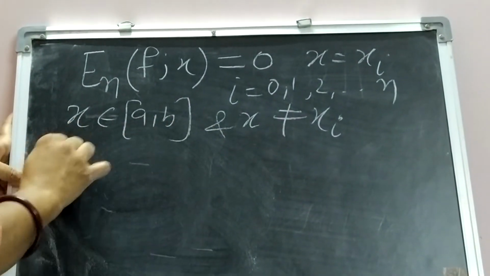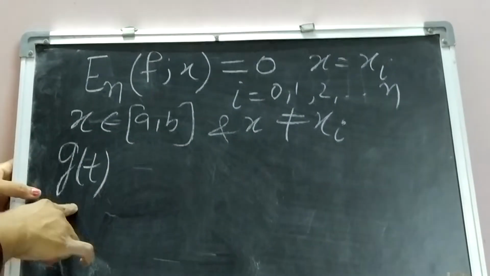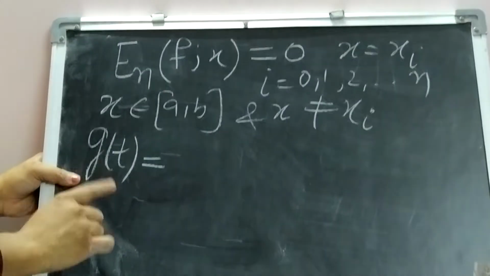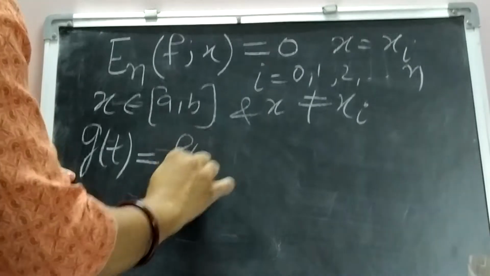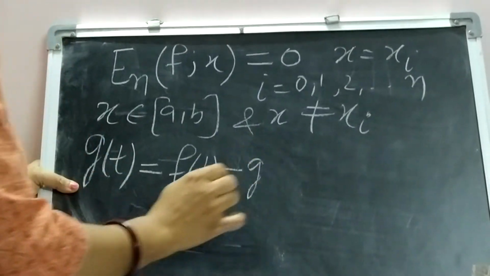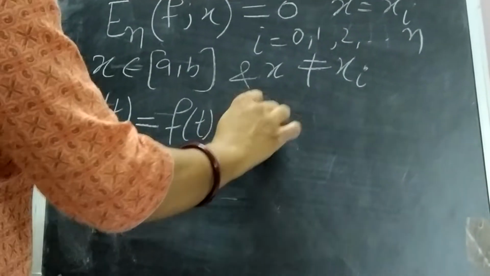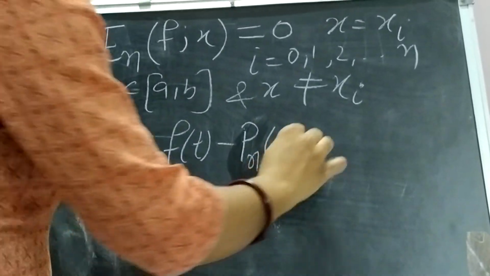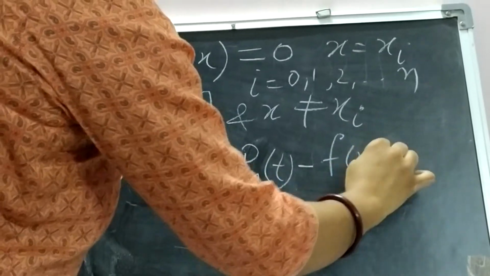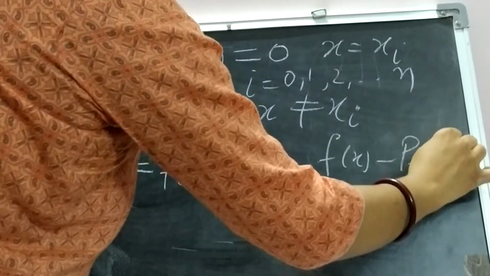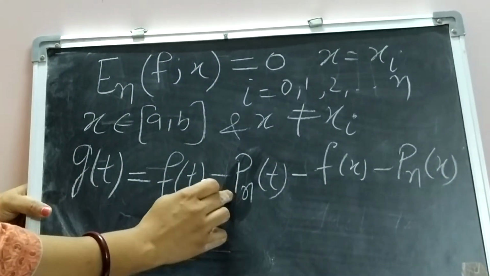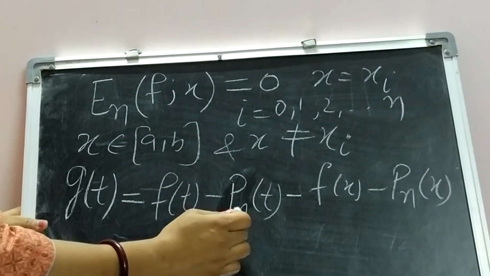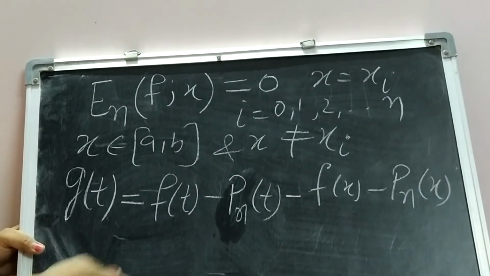we define a function g(t). This kind of function we have already defined for two data points. So similar function we are going to define here also. So g(t) equals f(t) minus pn(t), and minus f(x) minus pn(x). In some books pn(t) is also written as p(t), n is not mentioned. So you may write it, you may not write it, it depends.